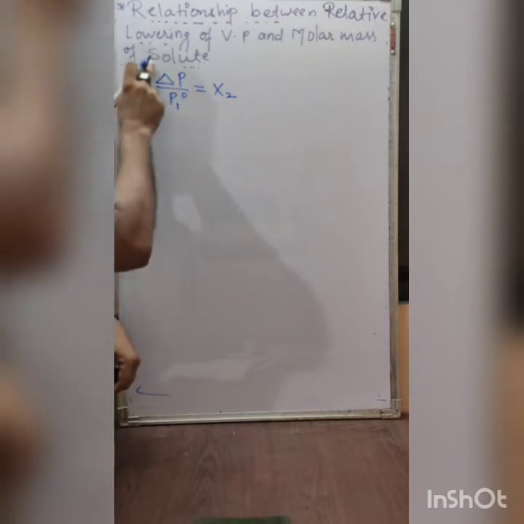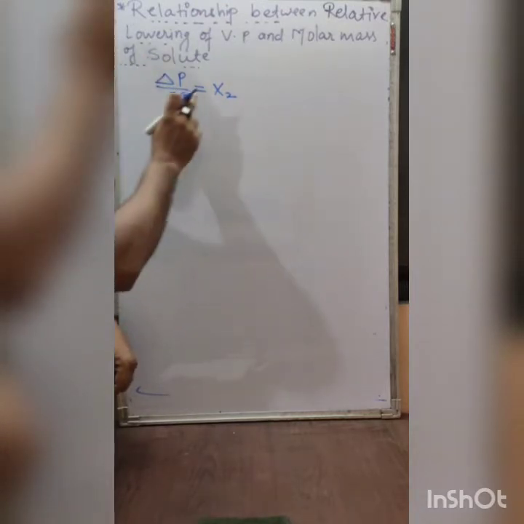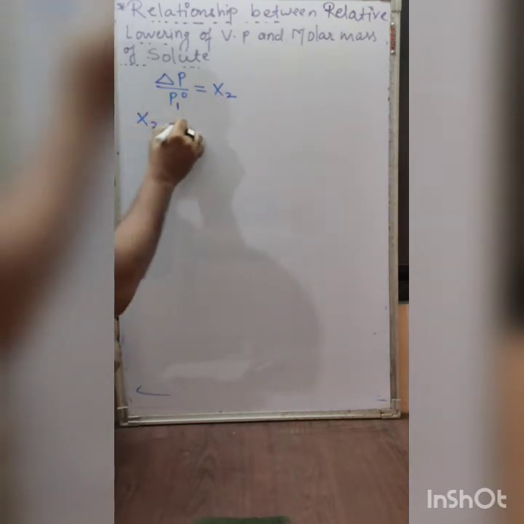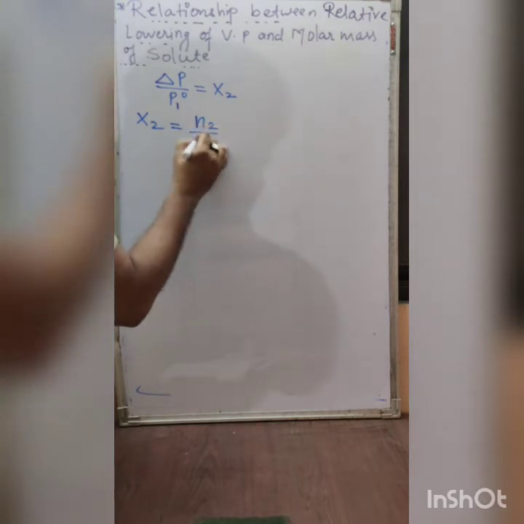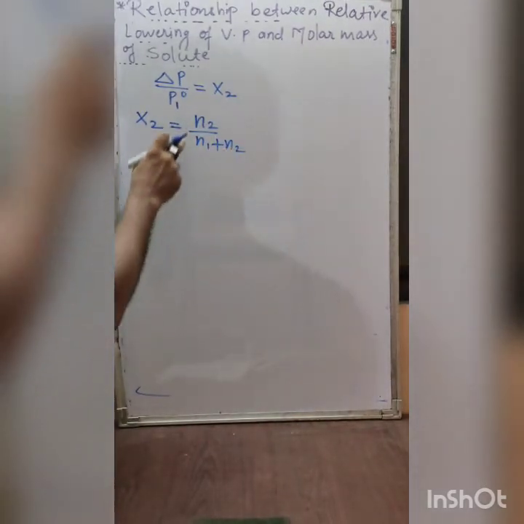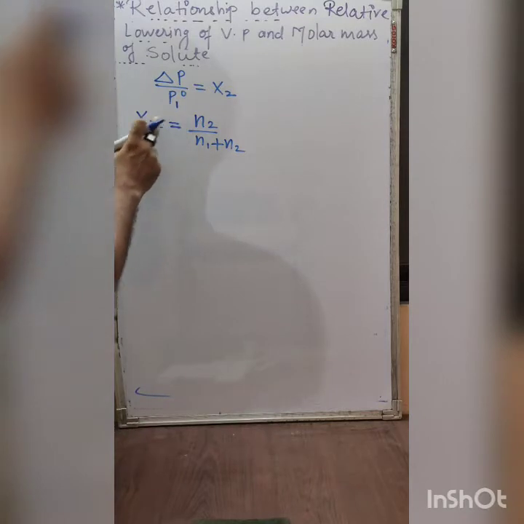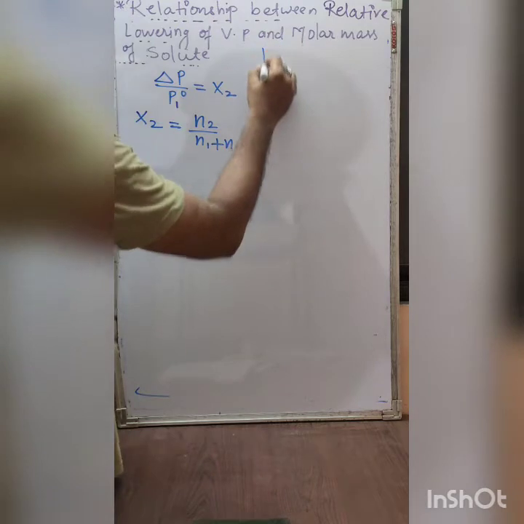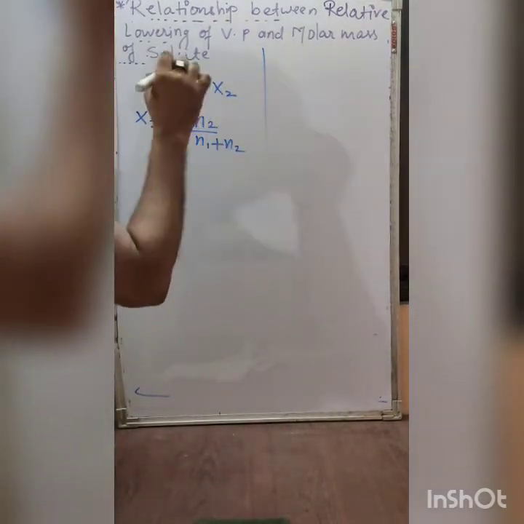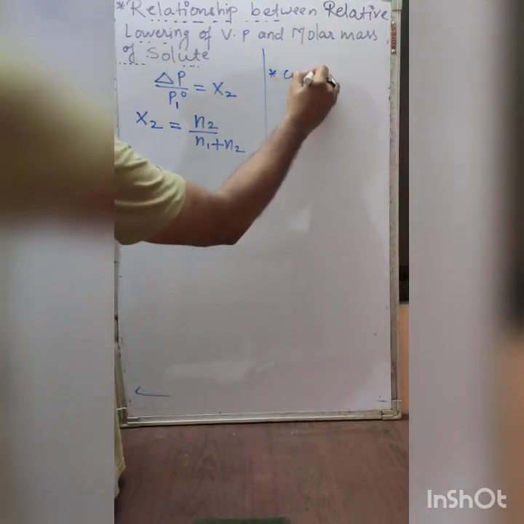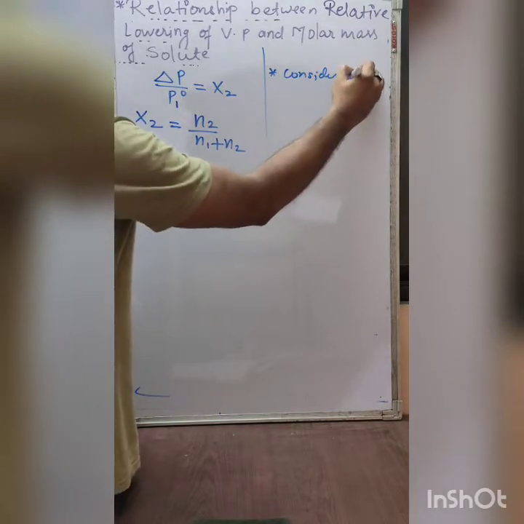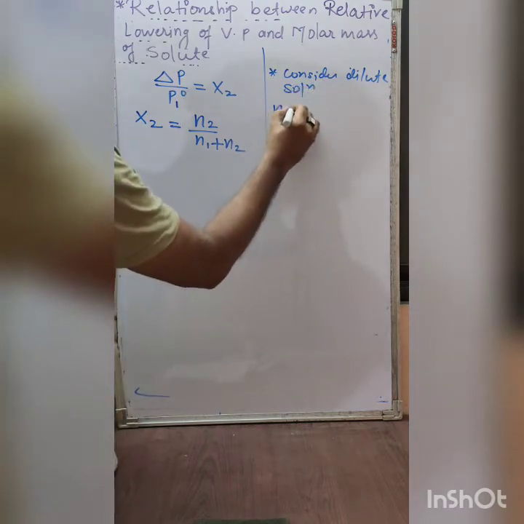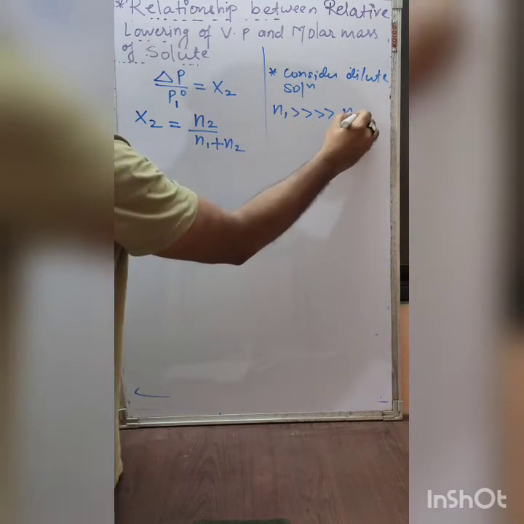So this is called relative lowering of vapor pressure, which is equal to the mole fraction of solute. Mole fraction of solute can be written as N2 upon N1 plus N2, that is, number of moles of solute upon total number of moles in a solution. Let us consider a dilute solution. For a dilute solution, N1 is always greater than N2.